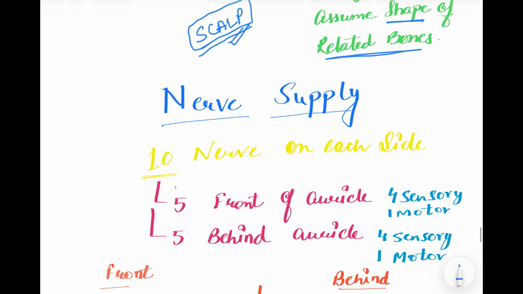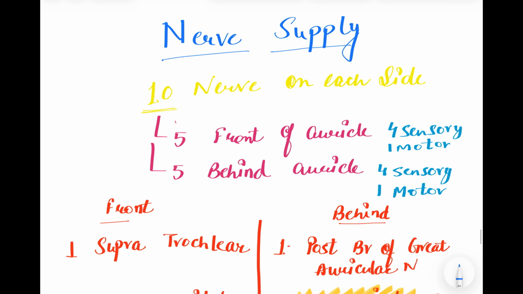Now we will take the nerve supply. For the nerve supply of the scalp, you should remember that there are 10 nerves on each side. If I draw the top view, you divide it into two halves, so you have 10 on this side and 10 on this side. This is my auricle.